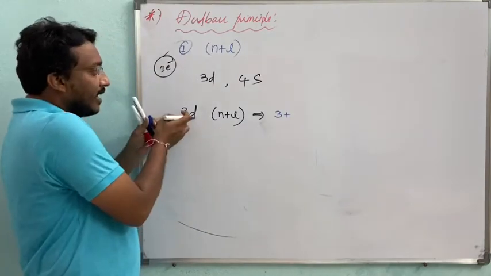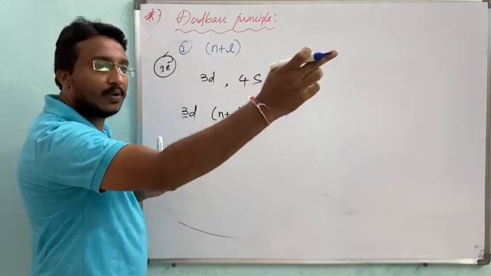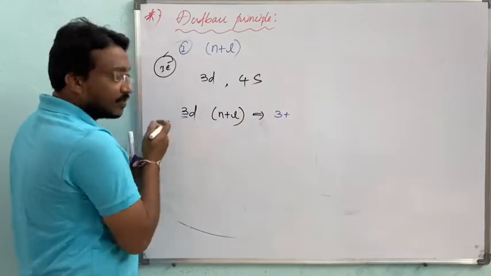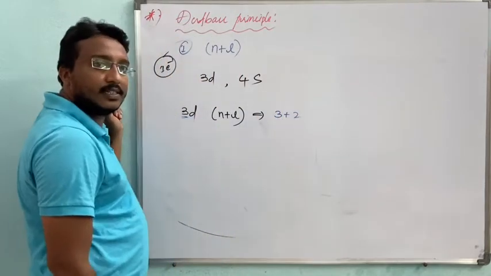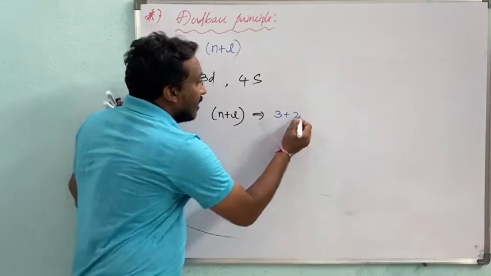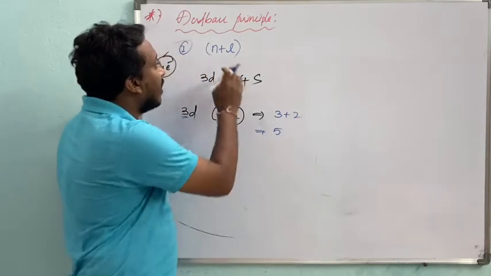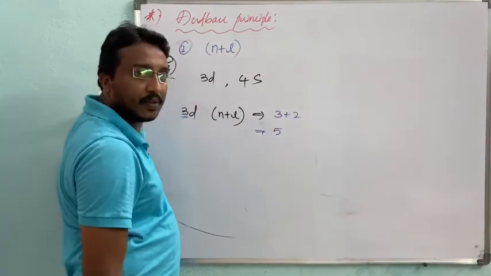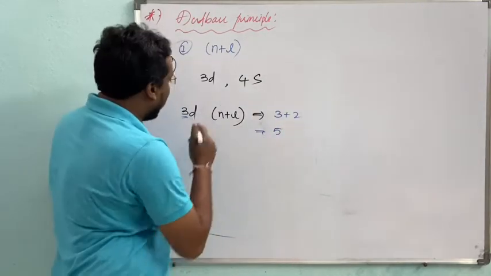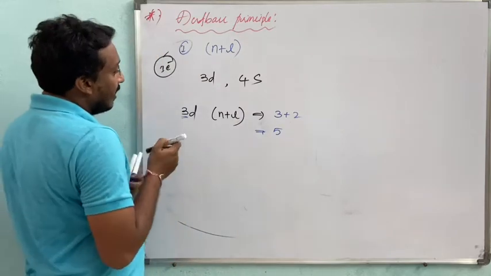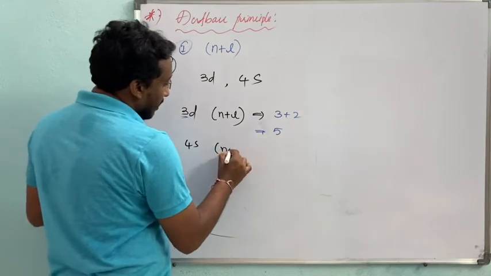If n equals 3, L can be 0 to 2, and for d the L value is 2. Then 3 plus 2 equals 5. The n plus L value is 5. Next, 4s: here we have to find the n plus L value of the 4s orbital.